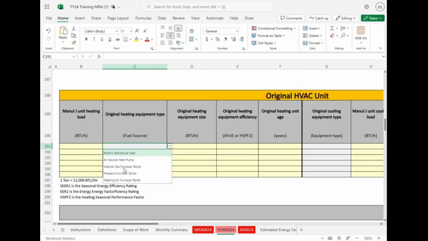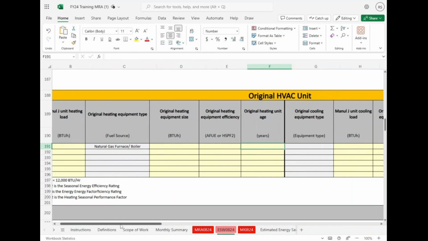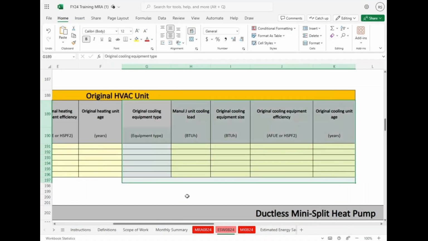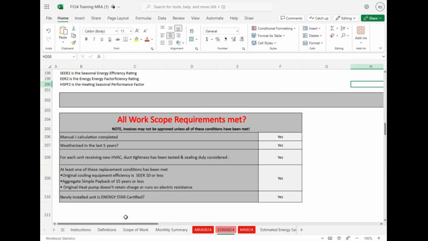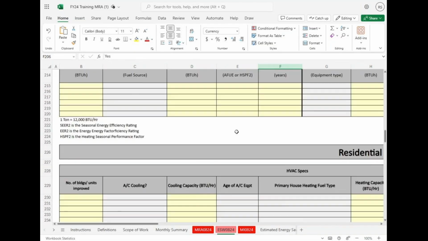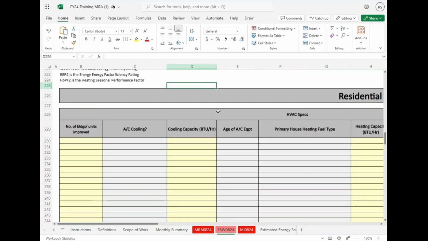This is where you say what kind of fuel it is operating on. And then these over here on the right are the inputs for the new units. And then mini split also standardized the HVAC prerequisites. Then you get into original equipment and new equipment. And those are the newly expanded HVAC inputs.